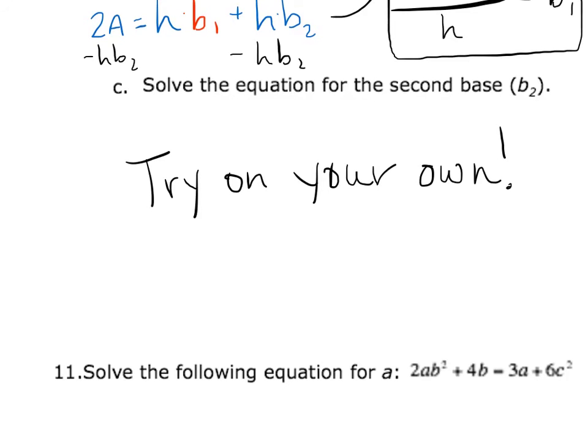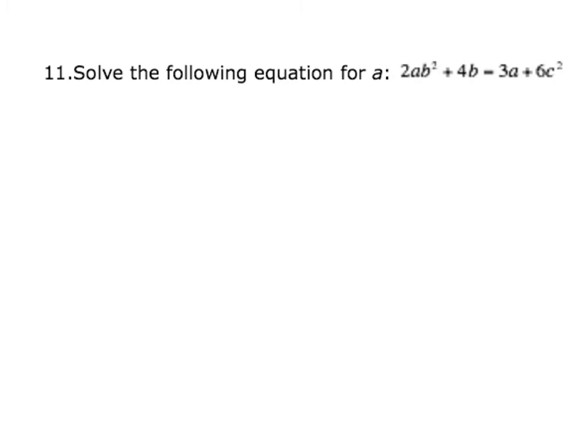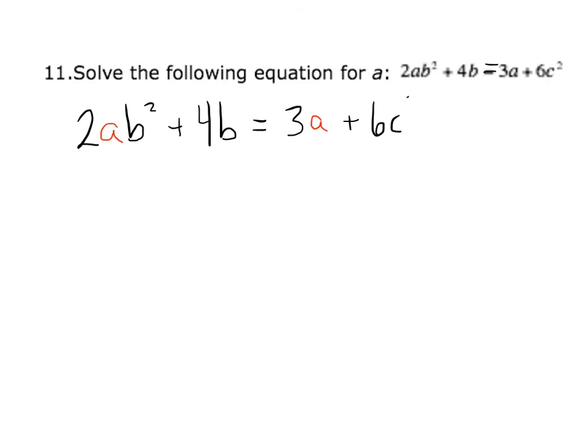Okay, let's look at number 11. All right, this one is 2, and we're solving for a, so every time I see an a, I'm going to make it stand out somehow. 2a b squared plus 4b equals 3a plus 6c squared.